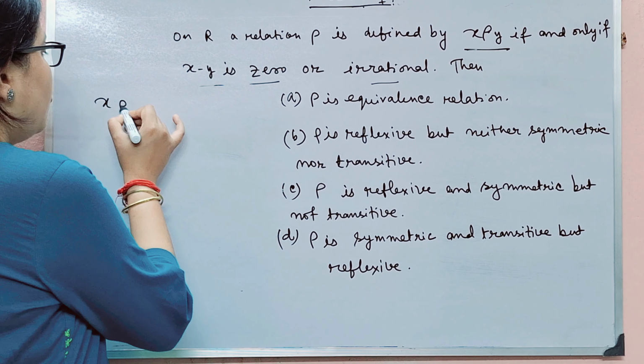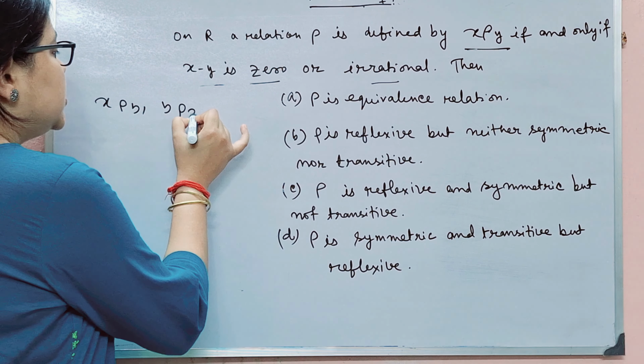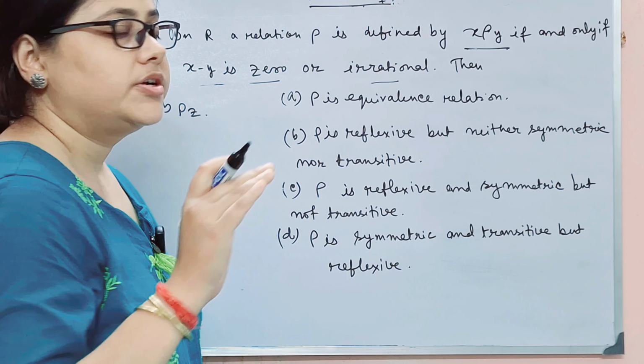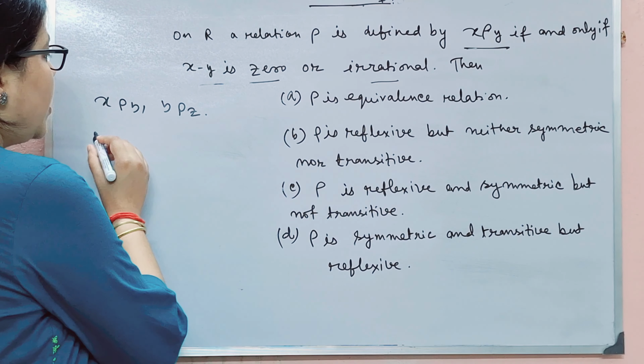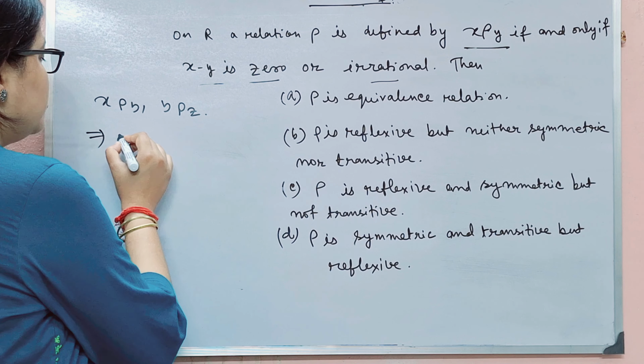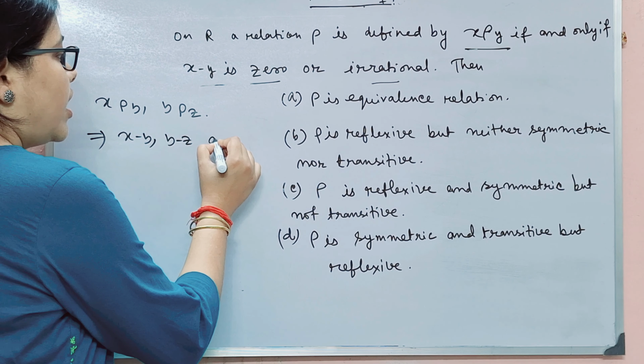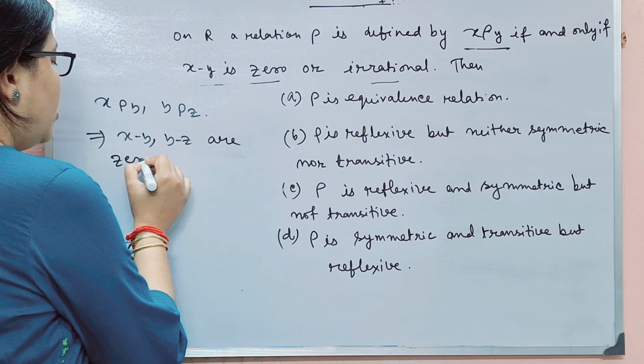Now if x rho y and y rho z together imply x rho z, then rho will be transitive. Now x rho y and y rho z together imply x minus y and y minus z are 0 or irrational.